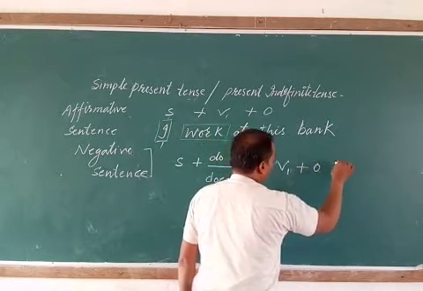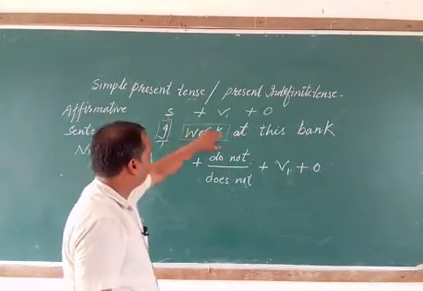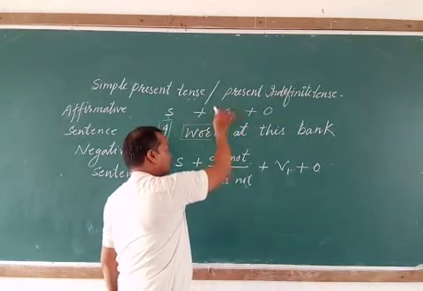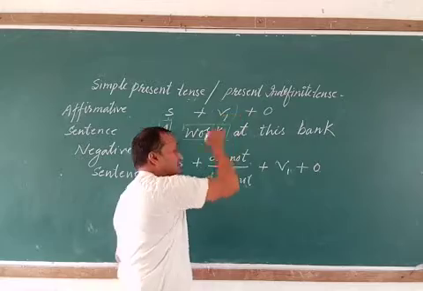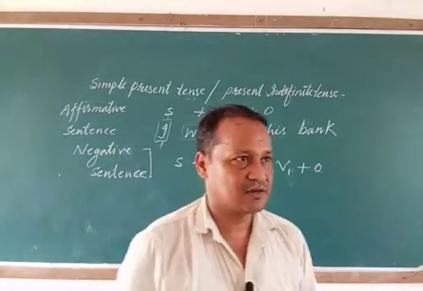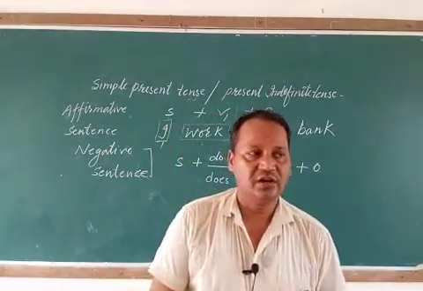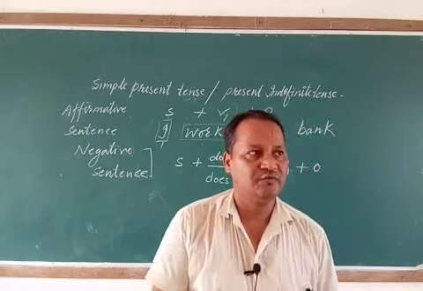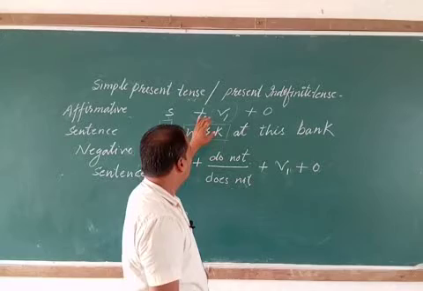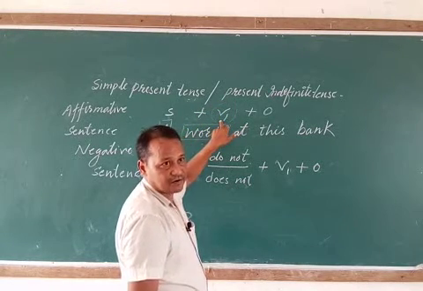I forgot one thing to tell you, that here we add s or es sometimes in the first form of the verb when the subject is singular. Means if the subject is he, she or it, then we will use s or es with the first form of the verb.